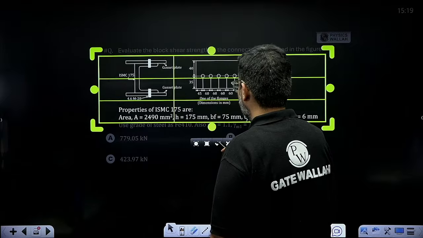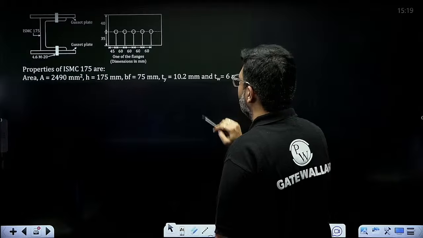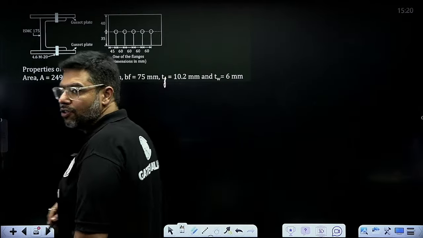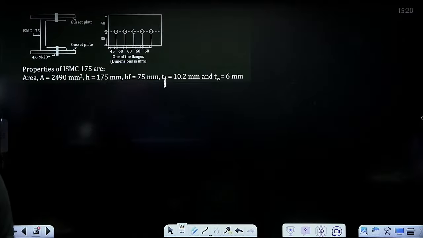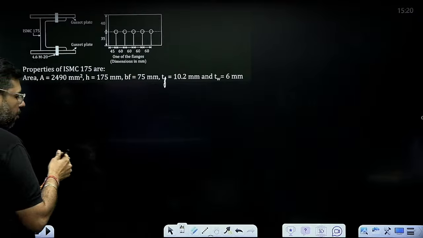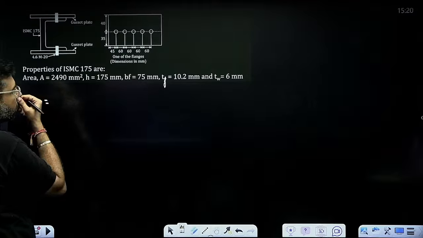This is thickness of flange. For one flange, we will find out the block shear strength and multiply it by 2. So first find out AG, AVG. AVG is equal to how much?